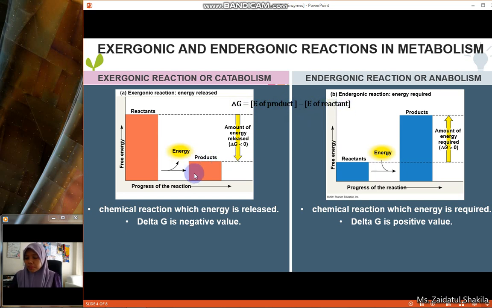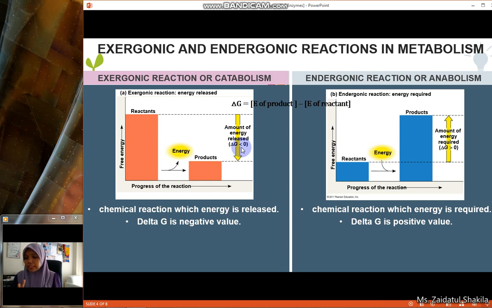Let's give a value. Let's say energy in the product 1 unit and energy in the reactant 4 units. So using the formula, energy of product subtract energy of reactant, 1 unit subtract 4 units, we get negative 3. So the value of the delta G is negative and must be less than 0.